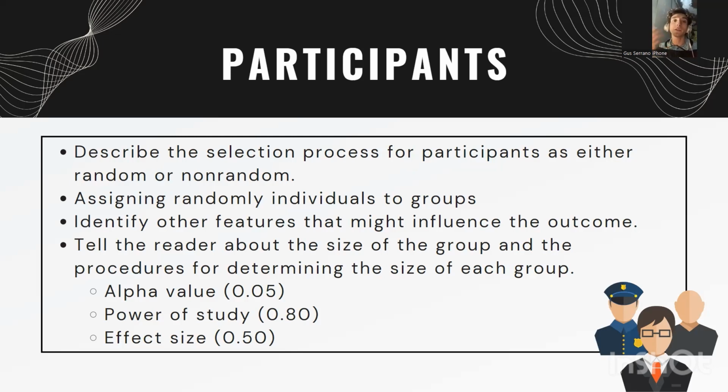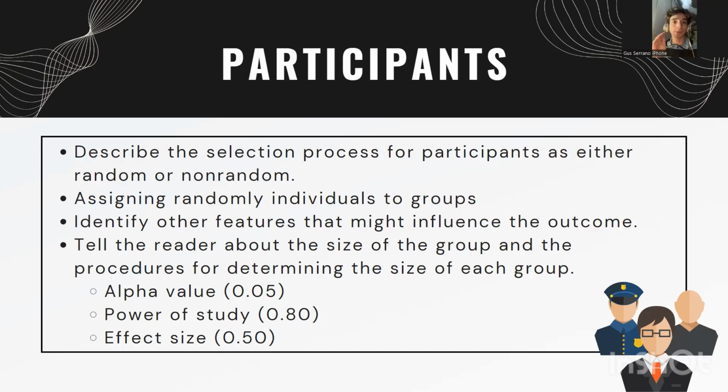Third, identify other features that might influence the outcome, based on ability levels or demographic variables. Tell the reader about the size of the group and the procedures for determining the size of each group. This calculation involves three stages. First, the level of statistical significance for the experiment, or alpha value. Second, the amount of power desired in a study, typically presented as high, medium, or low.